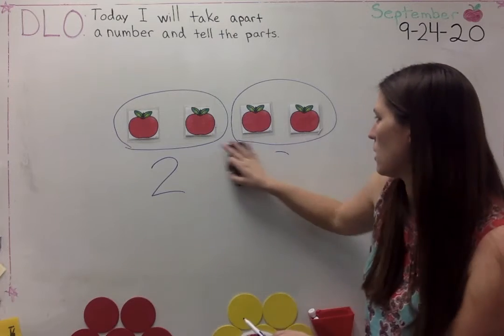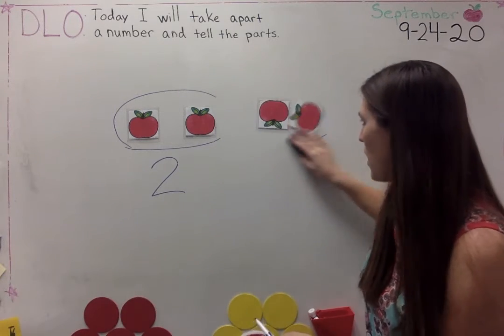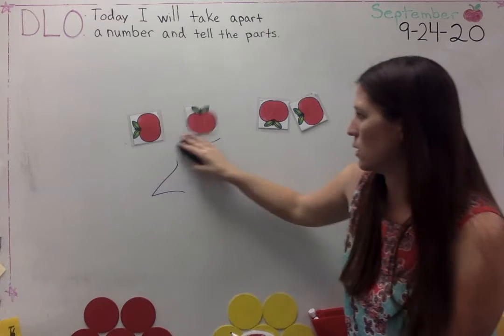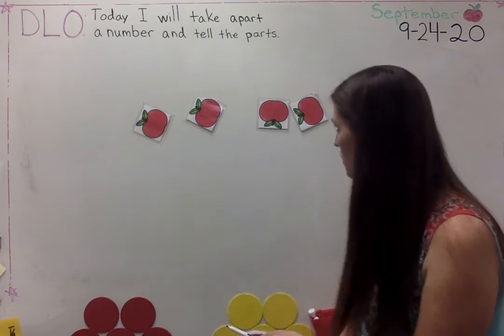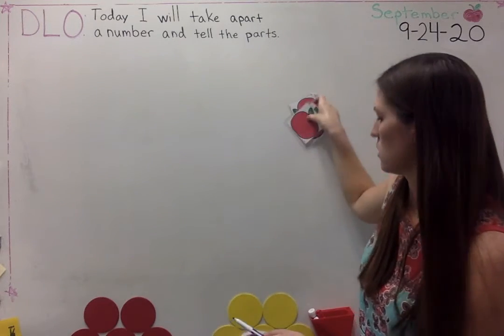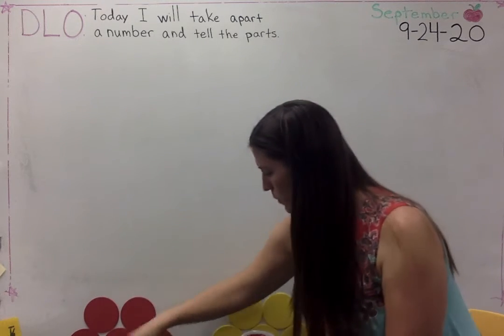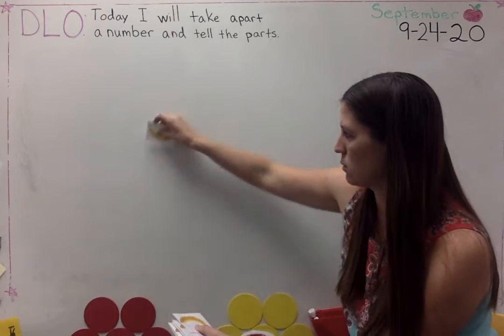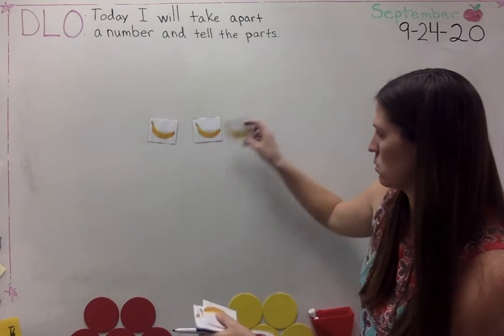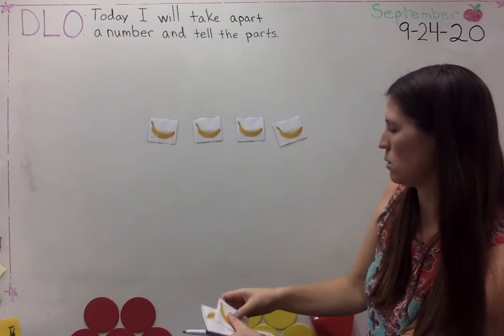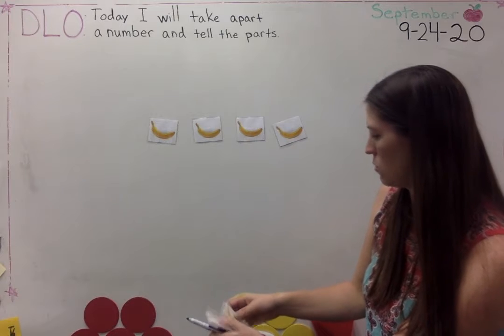Okay, now I'll get rid of my apples. I'll do some bananas. And you can use your cubes at home. All right, bananas. We'll do 4.